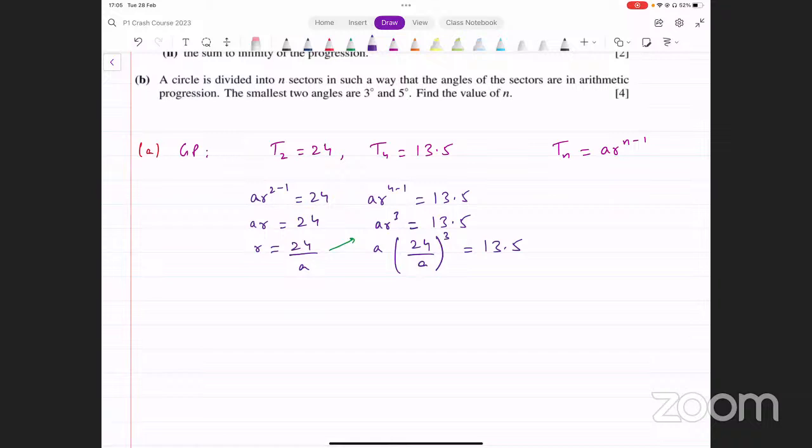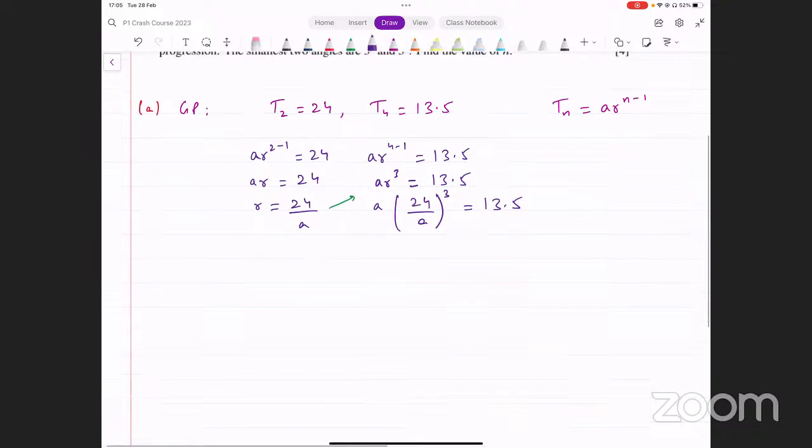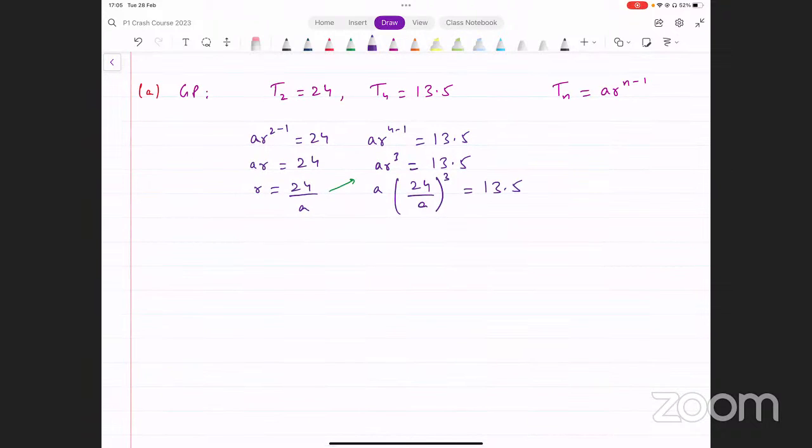Now, if we simplify this, let me simplify this a bit first. We have A into 24 cube over A cube, that equals 13.5.